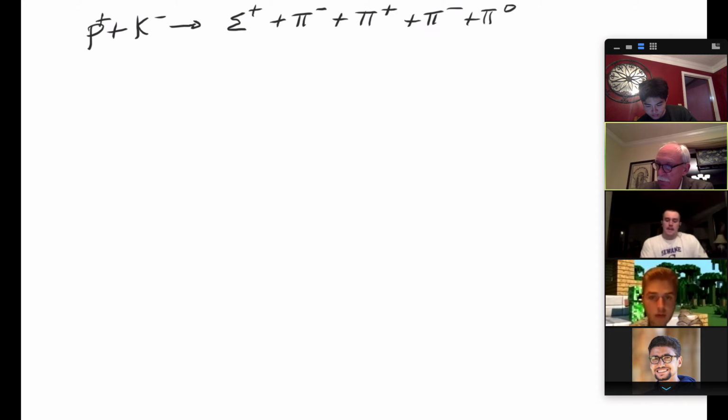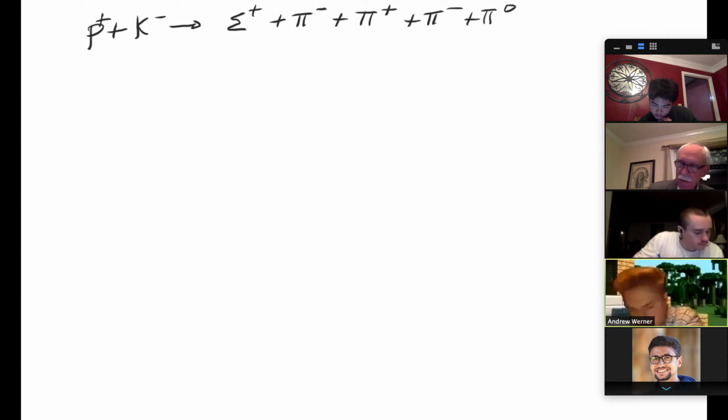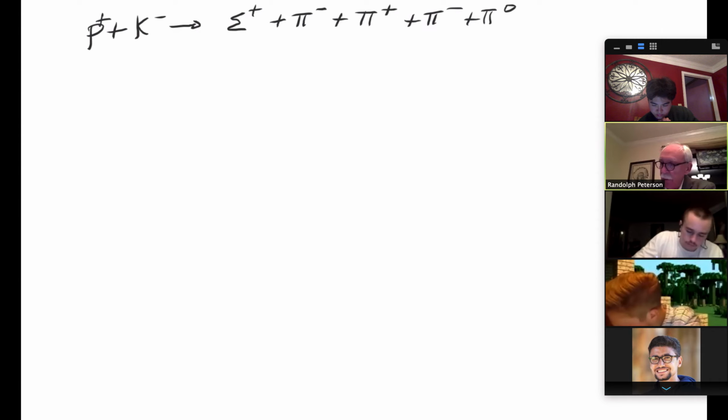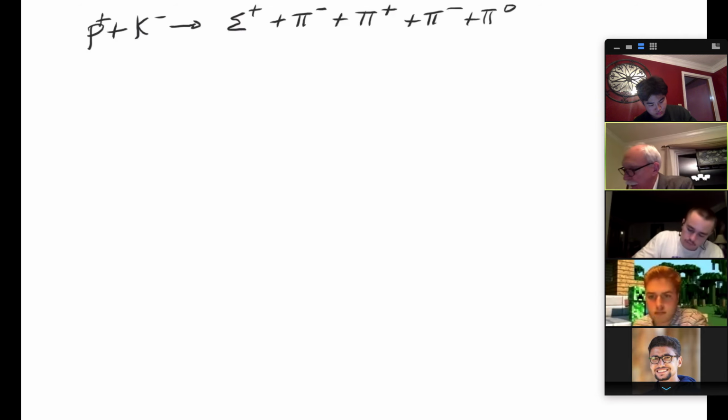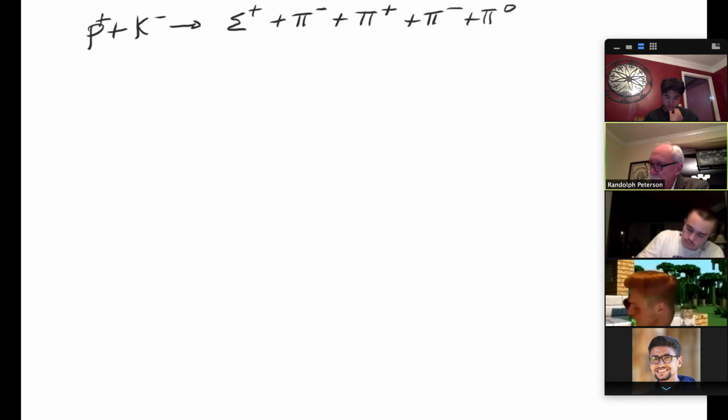Baryon conservation. Baryon number in the picture is equal to 1 on the left side.